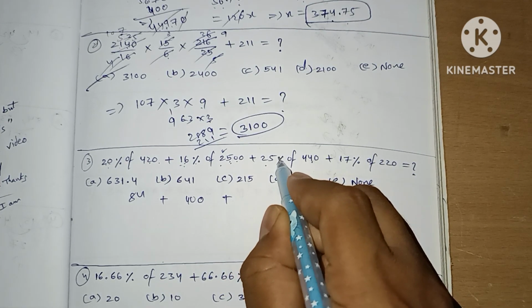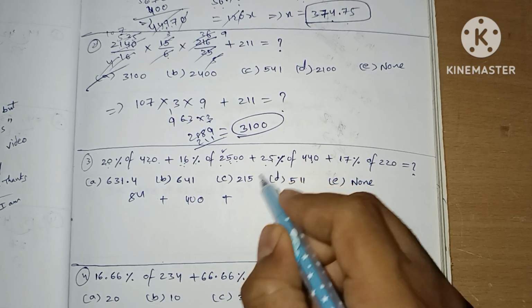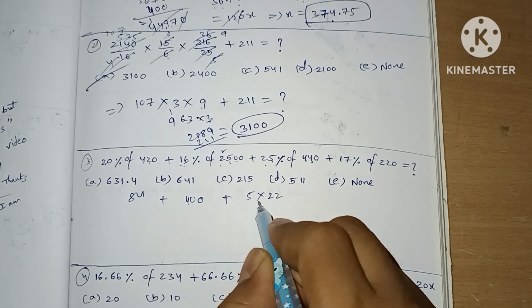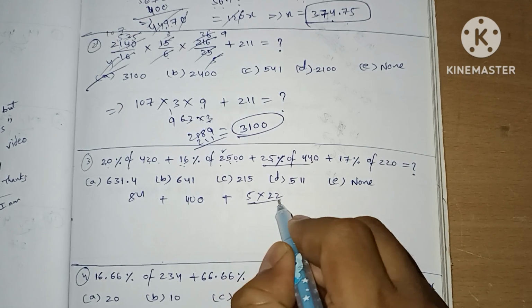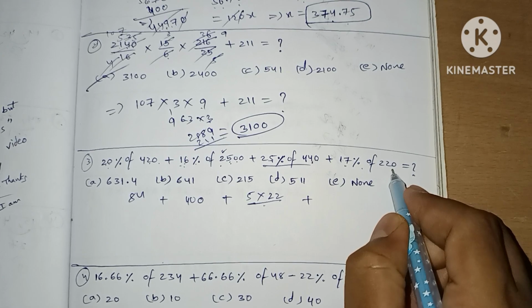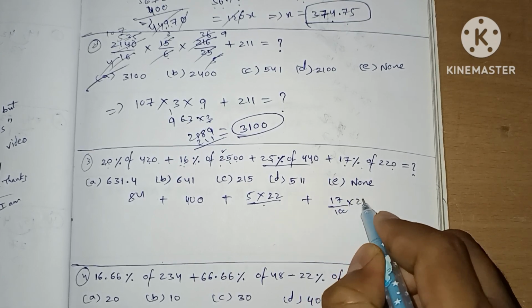I can see a percentage here 5 multiple a single 0 and 2 multiple 5 times 2 22 times. So this is nothing but this one plus 17% of 220. So 17 divided by 100 into 20 220.